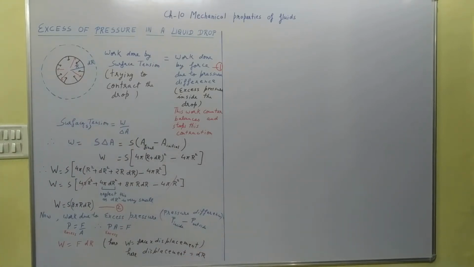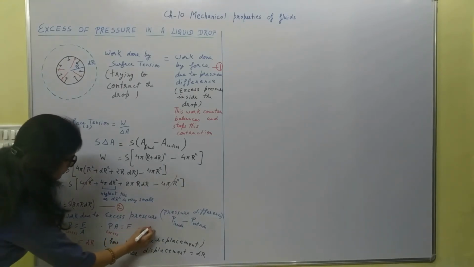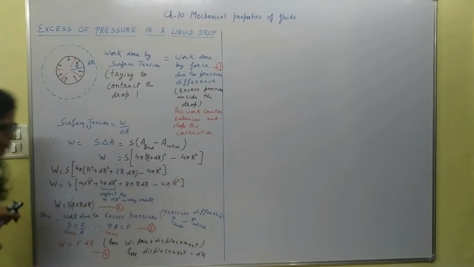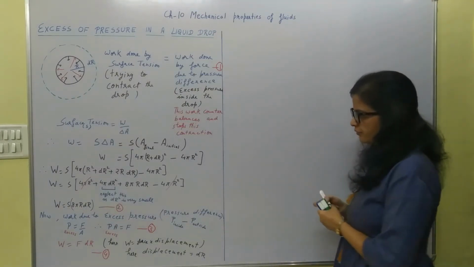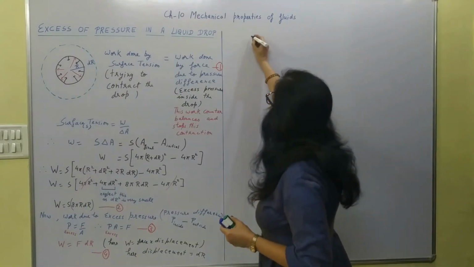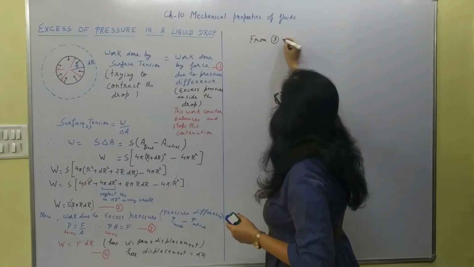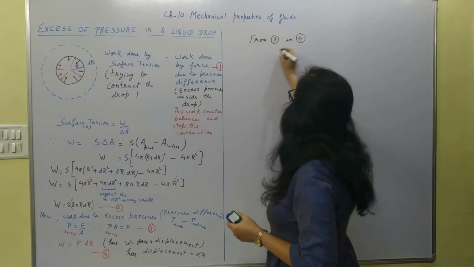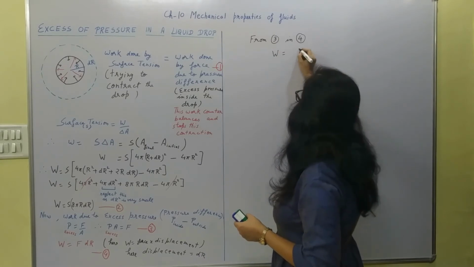So F into dr, this is our equation 3 and this is our equation 4. So from 3 in 4, W is equal to, F is what?